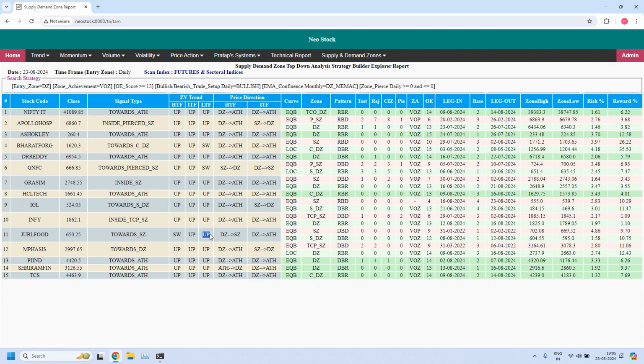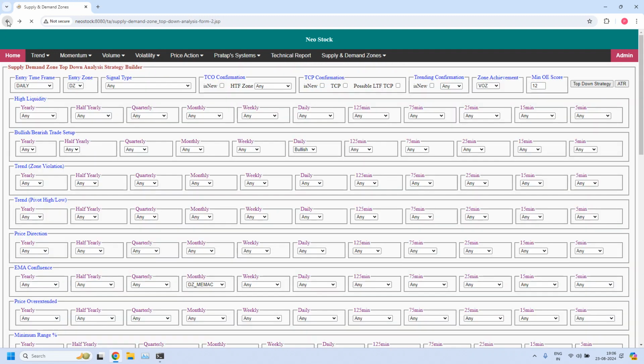You can draw this. If monthly EMA is having confluence with this LTF zone, at that time also you can plan the trade, no problem. The reason is the ITF trend is uptrend. Always the ITF trend is uptrend. So this is one filtered list.